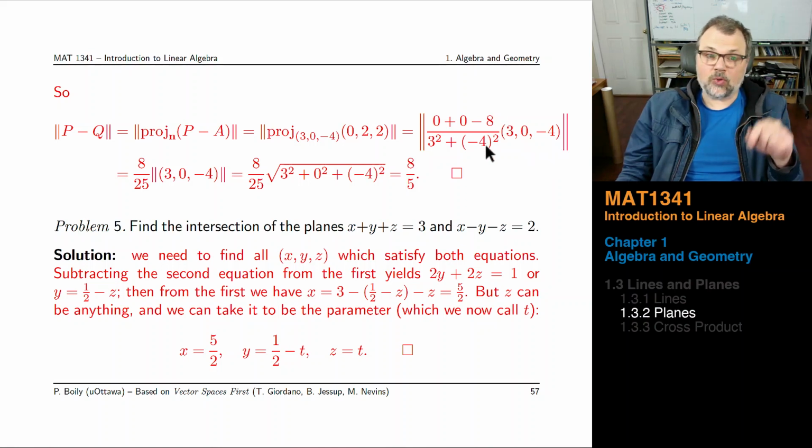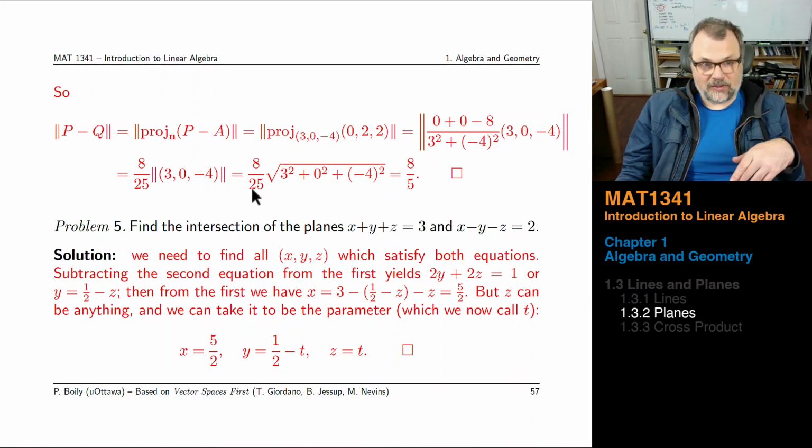That's a scalar. We can take it out of the length. It won't affect this, and we just measure the length of 3, 0, minus 4, which we've already done here, right? I mean, it's the square root of 25. So we end up with 8 times 5 divided by 25. You can compute that fully, but you can also write 8 times 5 divided by 5 times 5.